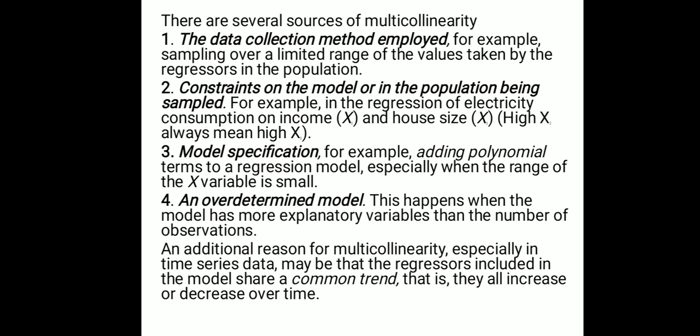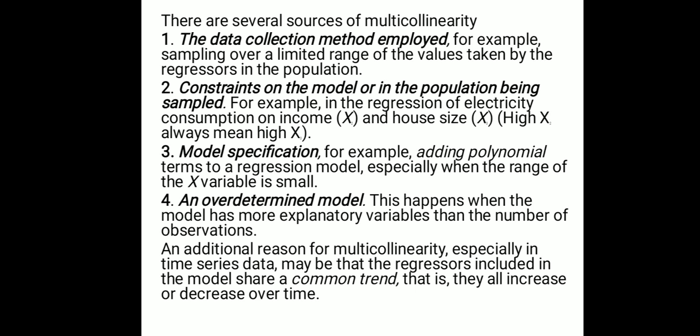So there are several sources of multicollinearity. What are the reasons for multicollinearity? This is also possible for MCQ questions. The data collection method employed; constraints on the model or on the population being sampled.